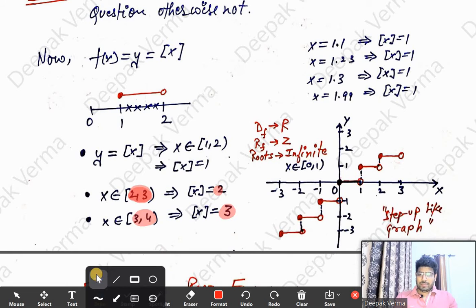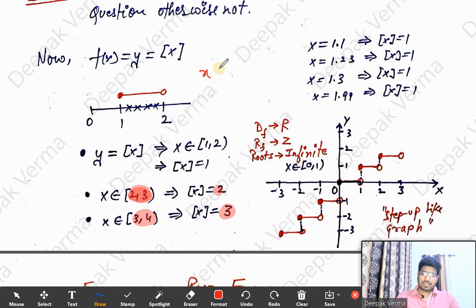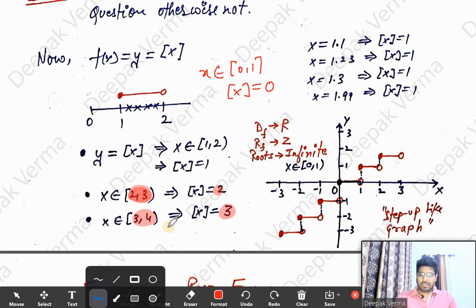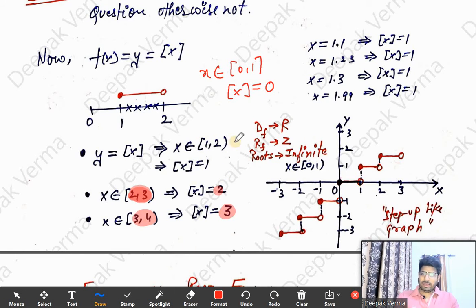If x is between 0 and 1, the outcome box x will be what? 0. Is it clear? Now let us try to trace its graph. If we have x between 0 and 1, the outcome is 0. It means the graph will be like this.